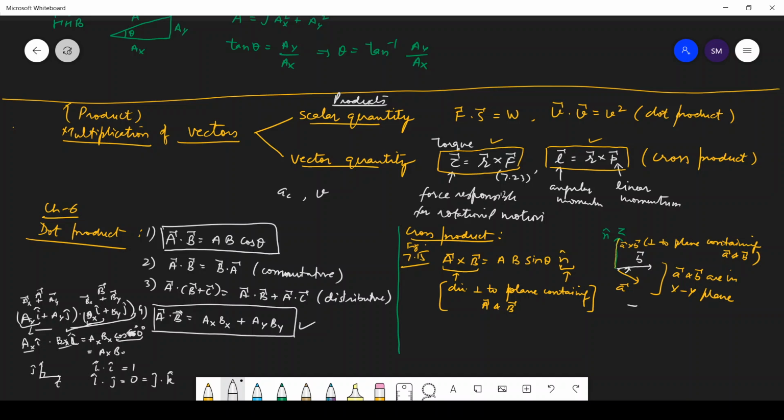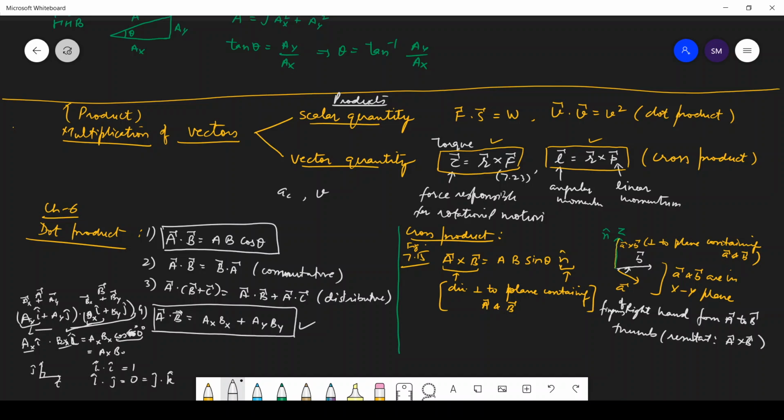Curl the fingers of your right hand from A to B, and the thumb will give you the direction of the resultant, that is A cross B.